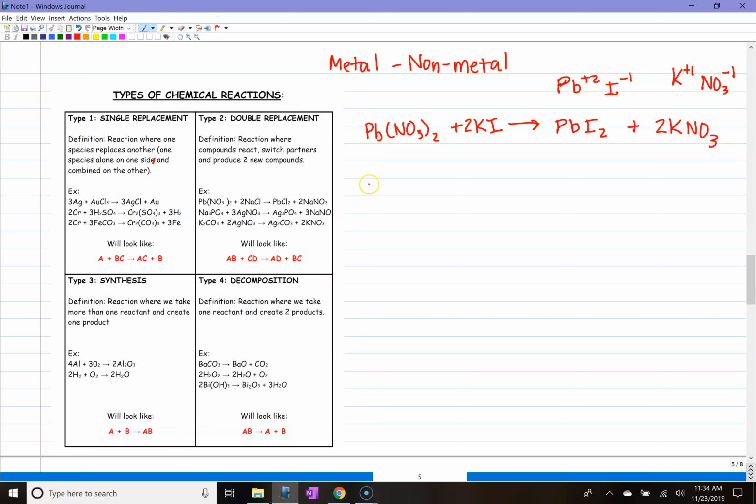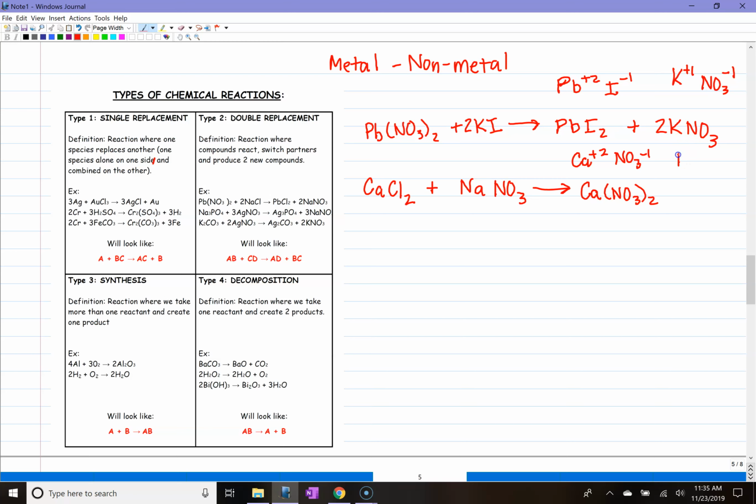I could also have the reaction calcium chloride plus sodium nitrate. Calcium and sodium are switching places. So in the products, calcium with a +2 charge would be with nitrate with a -1 charge. So the product would be Ca(NO3)2.